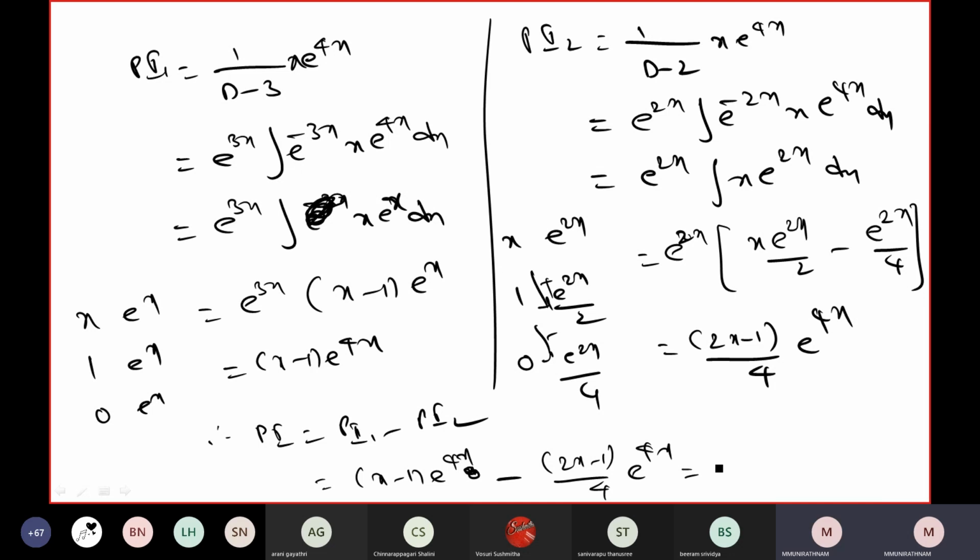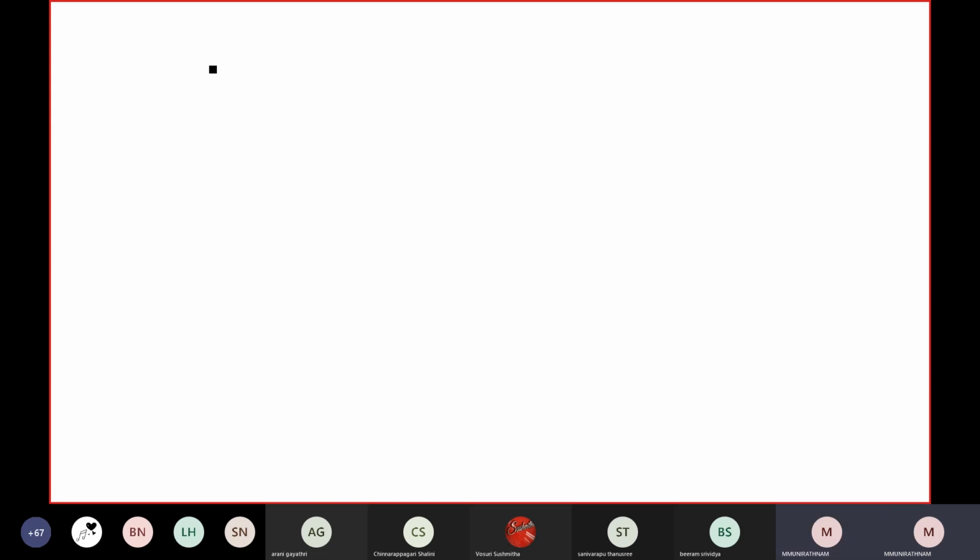E power 4x ni common cheste, this is 4x minus 4 minus 2x plus 1 by 4 e power 4x, 2x minus 3 by 4 e power 4x. So pi నాకు ఇలా వచ్చిందమ్మా 2x minus 3 by 4 e power 4x.